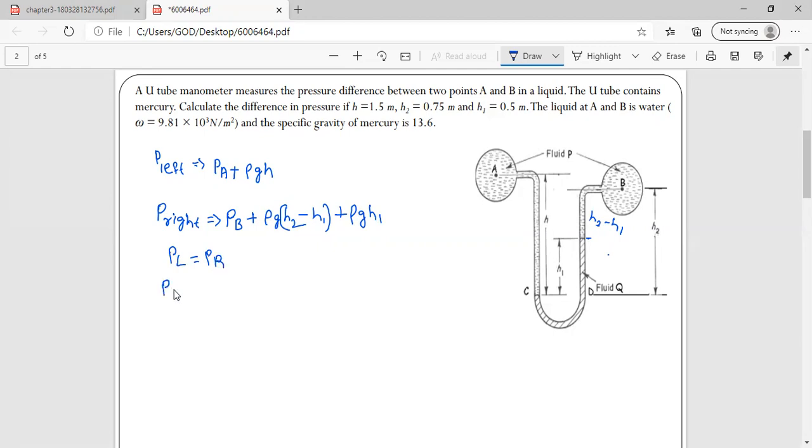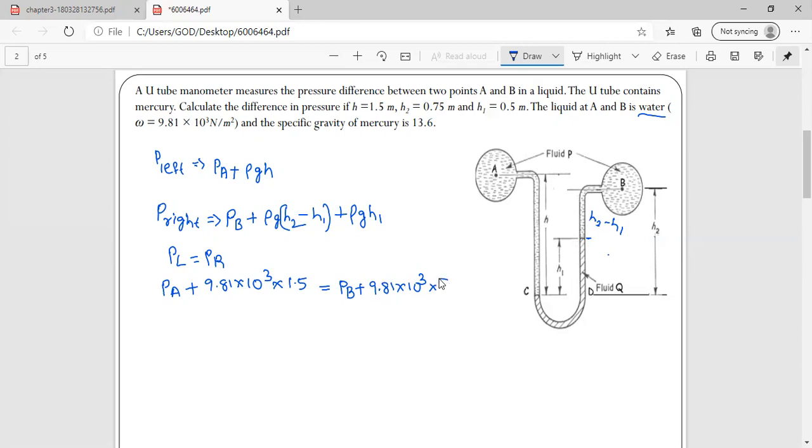First I am writing PA plus rho g. It is water, whose weight density is given to you. Rho g is nothing but weight density, which equals 9.81 into 10 to the power of 3, into the height H, which is given as 1.5 meters, no need to convert. This equals the pressure in the right limb, PB, which is unknown, plus rho g, it is water, again 9.81 into 10 to the power of 3, into H2 minus H1.